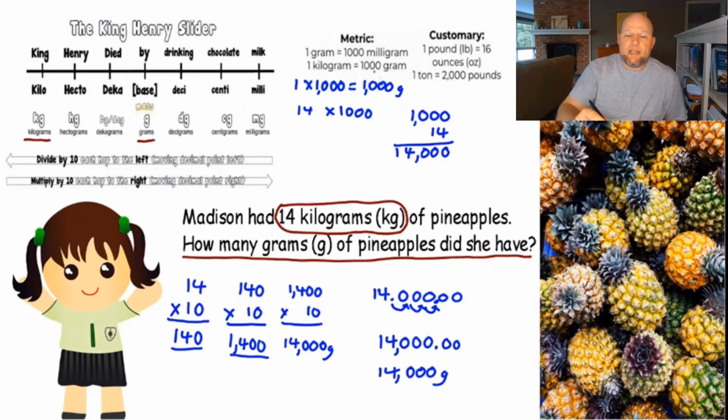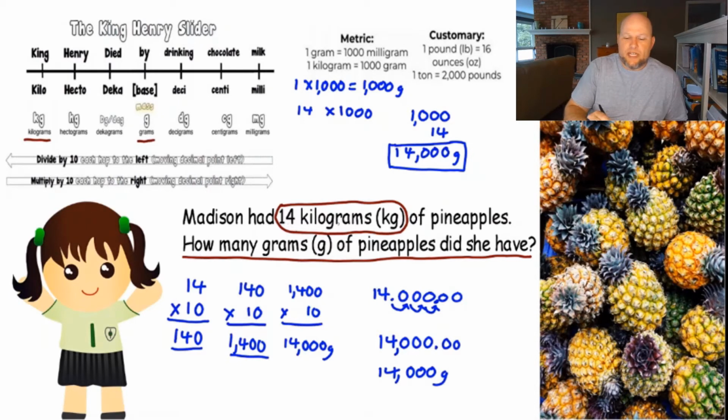And we see that because 1 kilogram is equal to 1,000 grams, if we multiply 14 kilograms by 1,000, that gives us our amount of grams, 14,000 grams. And then we can answer this question. How many grams of pineapples did she have?